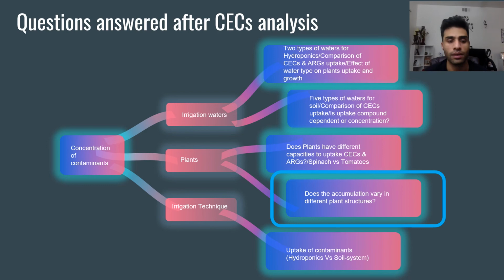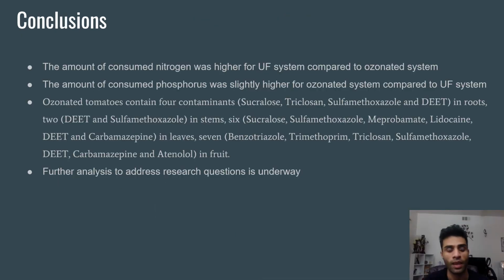This is the overall picture of my PhD research, and once we have the concentration of the contaminants, I will be able to answer all the questions, but this presentation specifically addresses the question that's highlighted here. Does the accumulation vary in different plant structures?